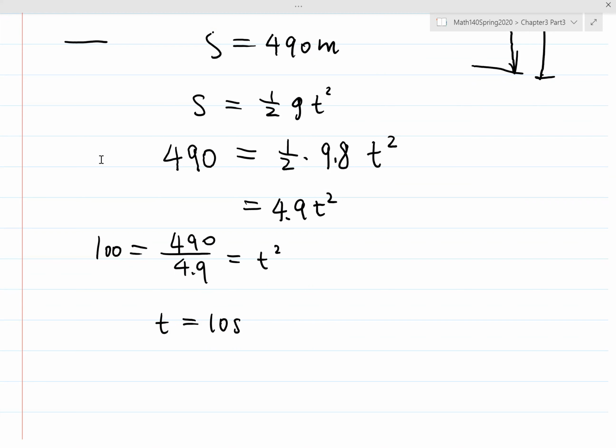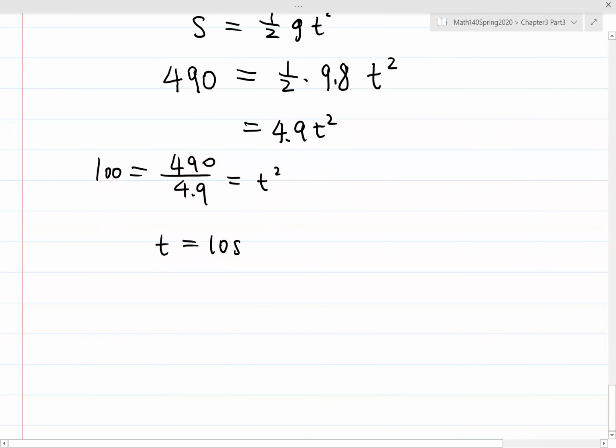Now let me mention a little bit about g. The g is determined by the Earth; 9.8 is determined by the Earth. Now if you have another planet, for instance, if you were Armstrong and went to the moon, what's the acceleration constant on the moon?